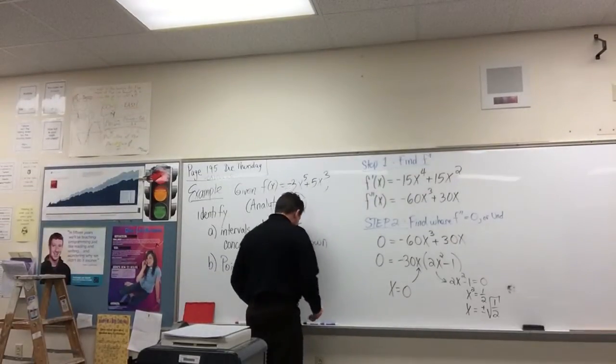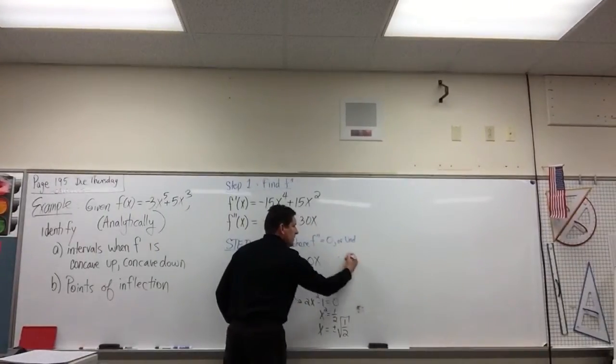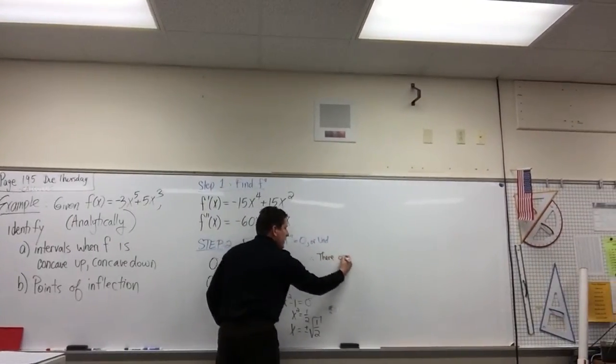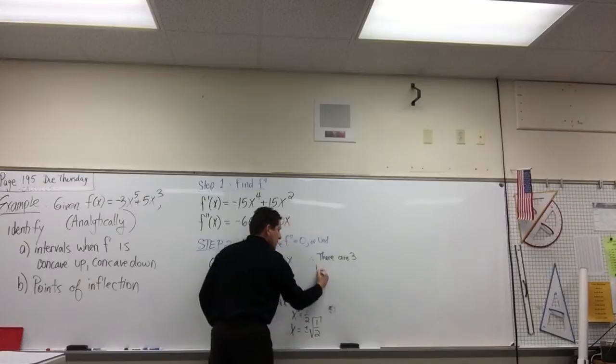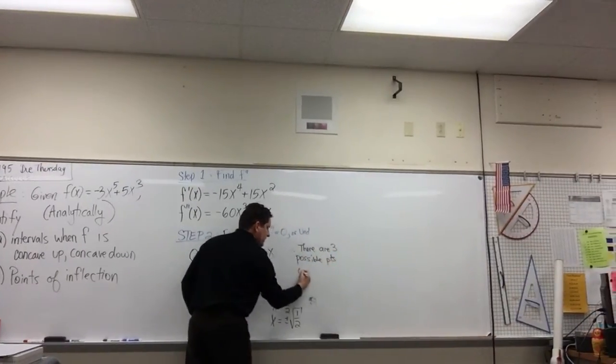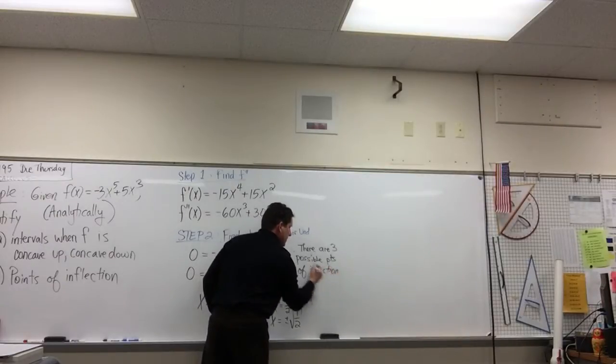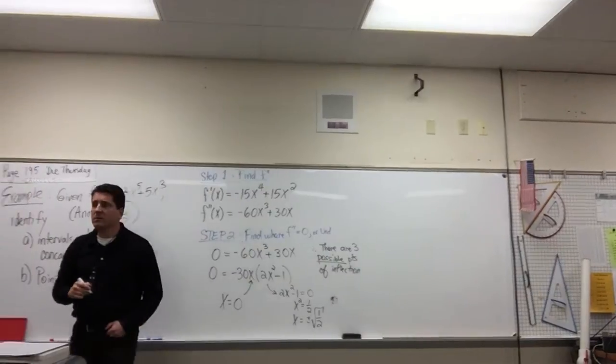Now, I'm going to put up a key word here. I'm going to say, therefore, watch this, there are 3 possible points of inflection. The key word here is possible.